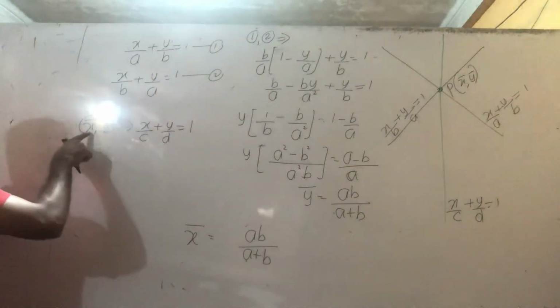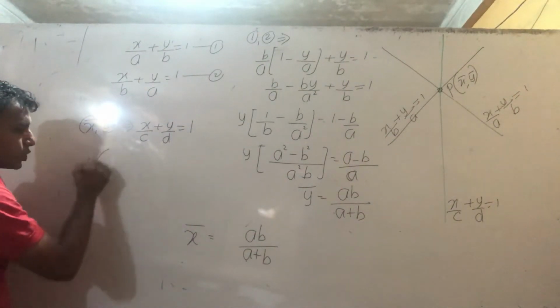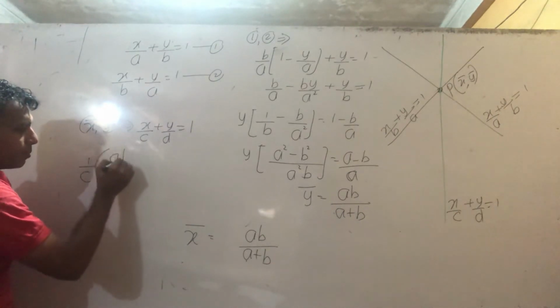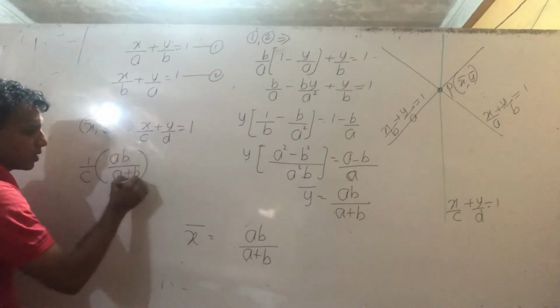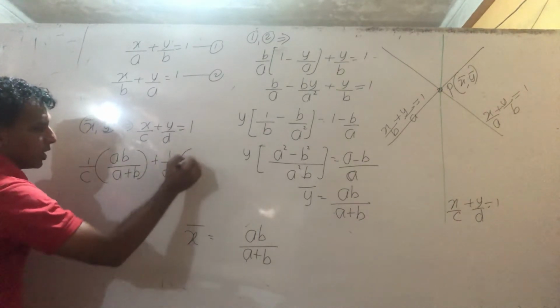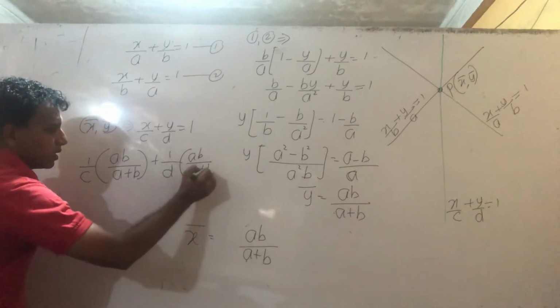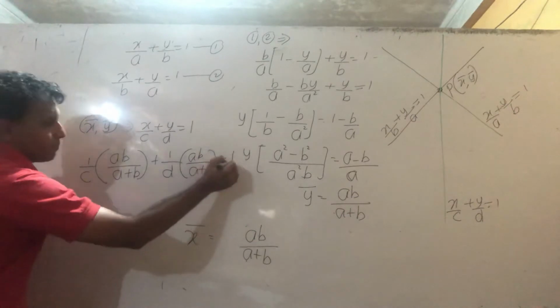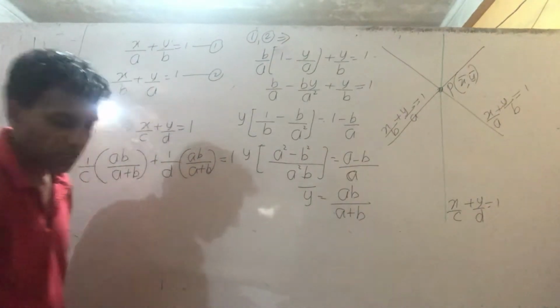Now we apply, put X bar, what is X bar? 1 over C into AB over A plus B, plus, what is Y bar, 1 over D into AB over A plus B, equal to 1. Now simplify to get the given expression form.